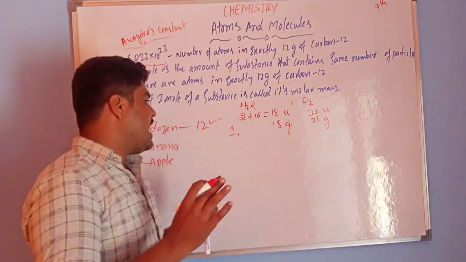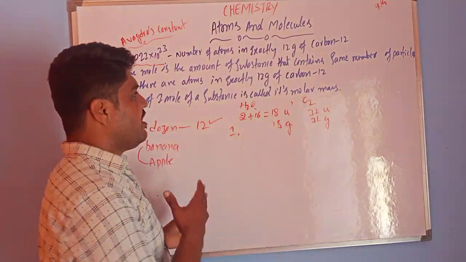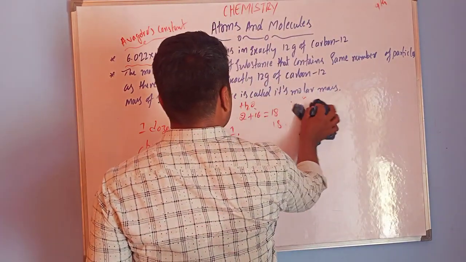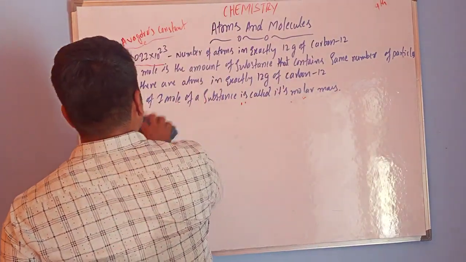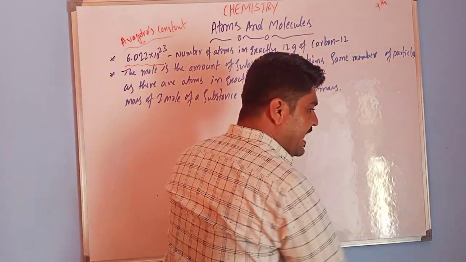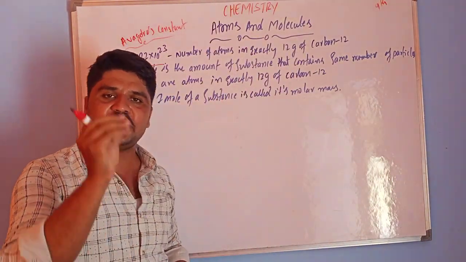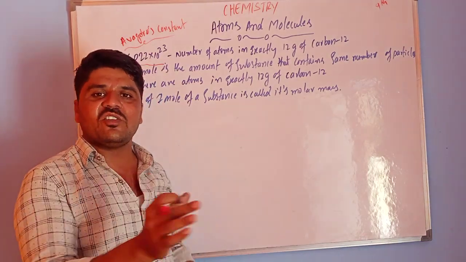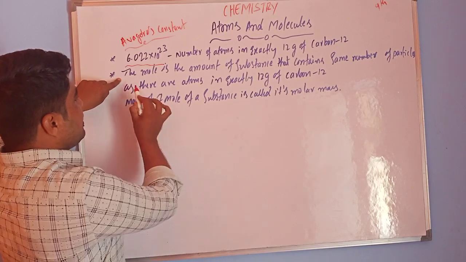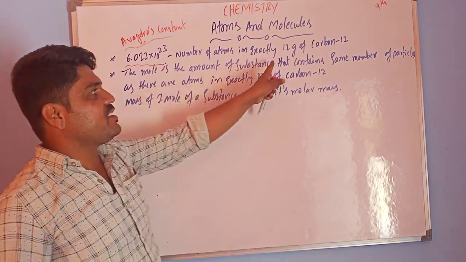For example, I am taking the relationships between all these. Before going to this, you should clearly understand what a mole is. If you know what a mole is, then only you can understand all these things. The mole is the amount of substance.